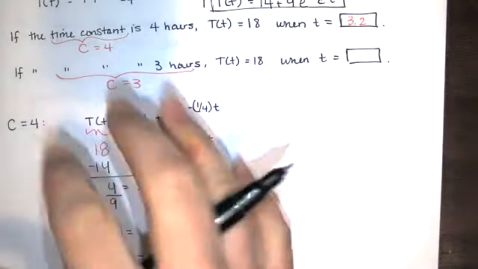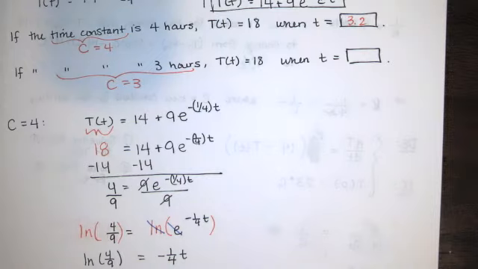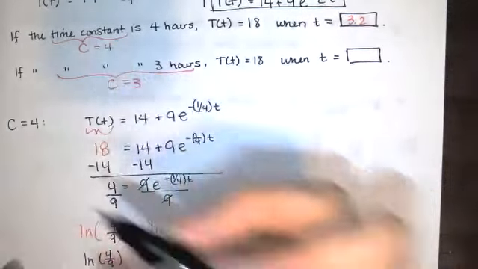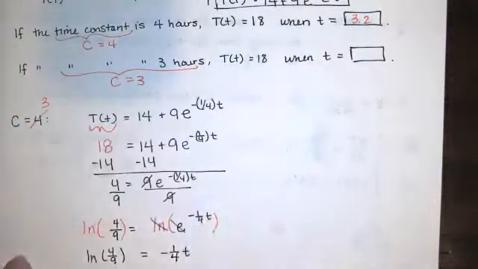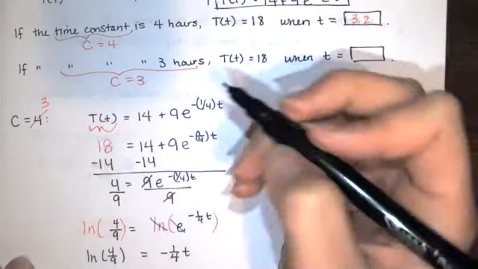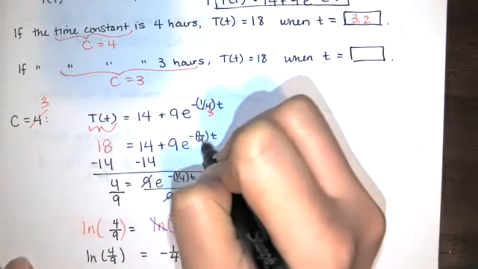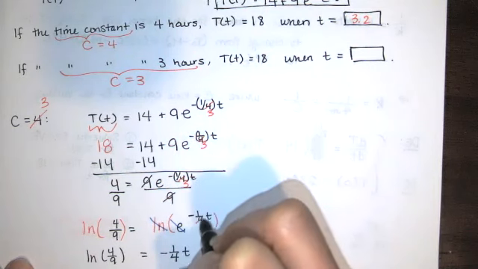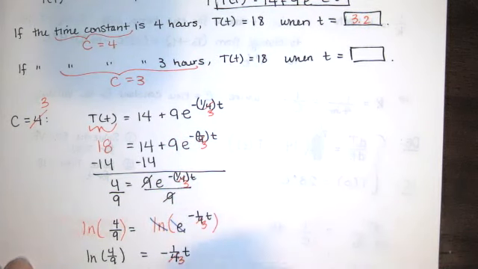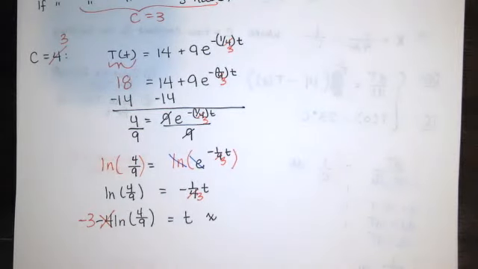Okay, and then they say, well, what if you change the time constant to 3? Well, then that 4 would be replaced by a 3. So there would be a 3 here, and a 3 here, and a 3 here, which means that we would multiply both sides by -3 to get t.